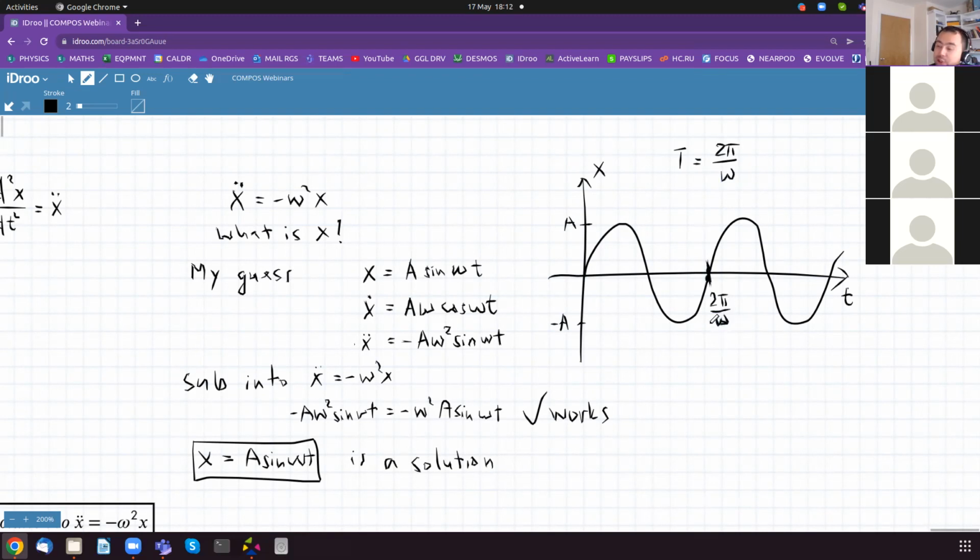And omega has a special name. Omega is called the angular frequency.